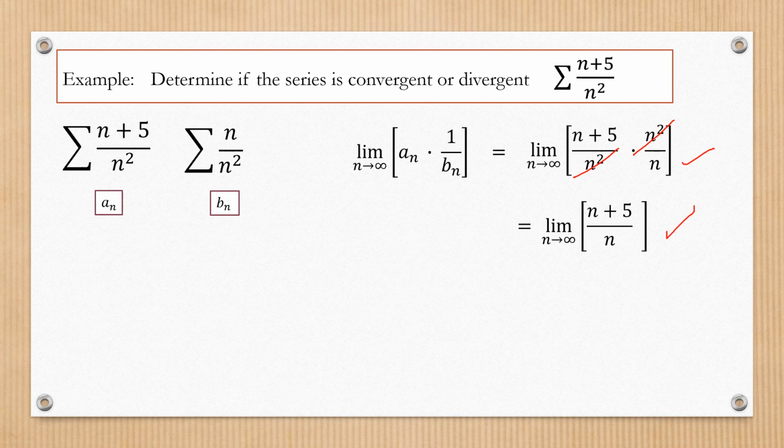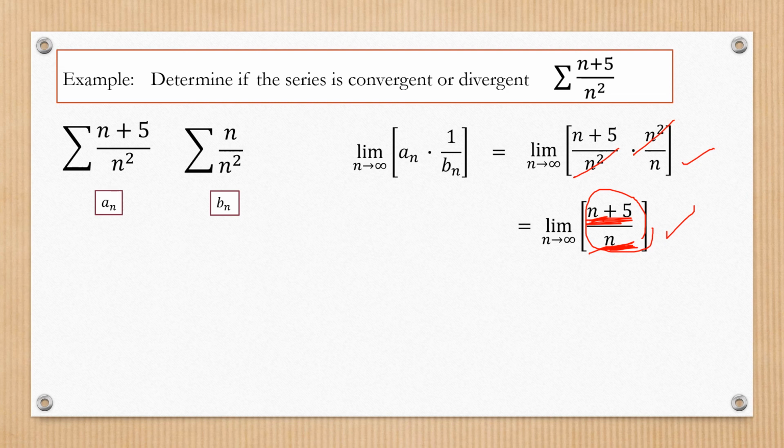Now, as n approaches positive infinity, the entire value of the fraction is also approaching positive infinity. There's no certain value that the fraction approaches as n approaches positive infinity.